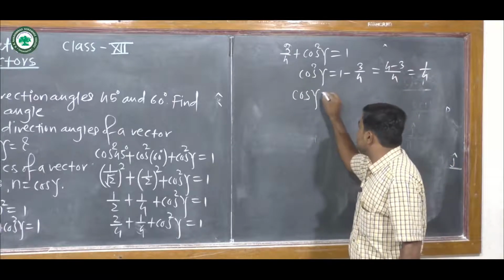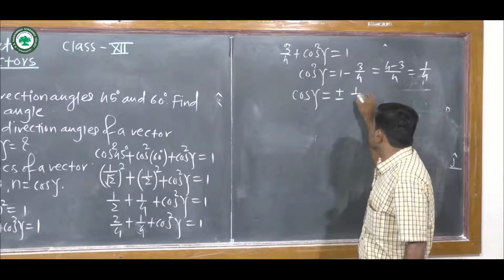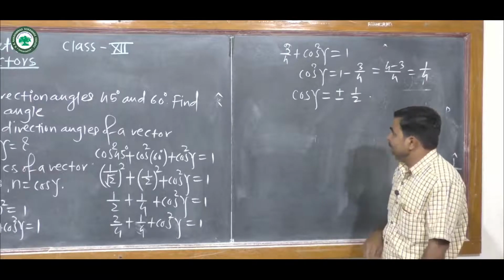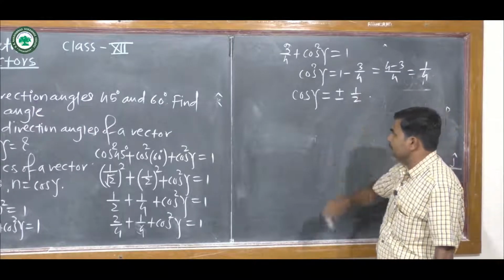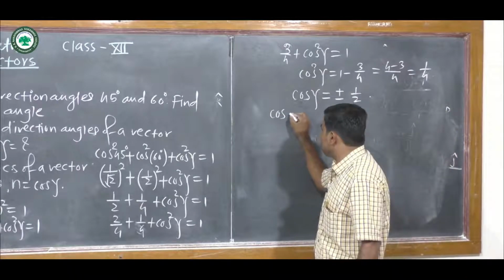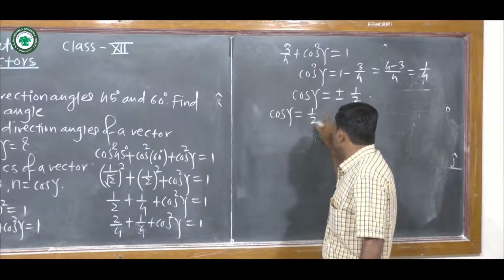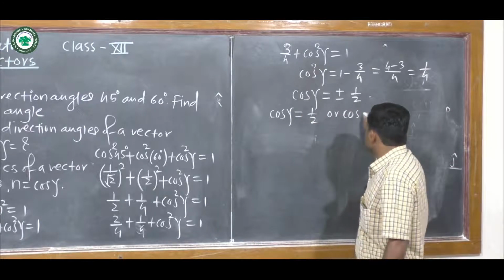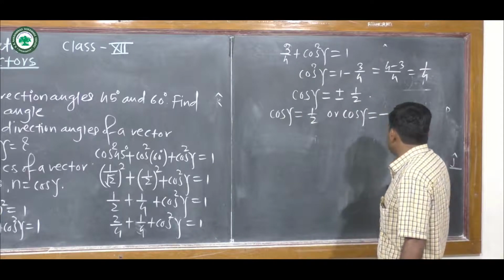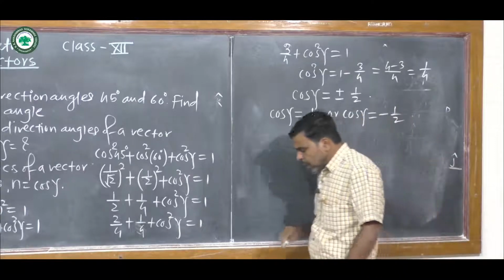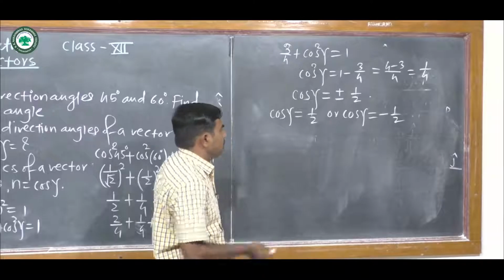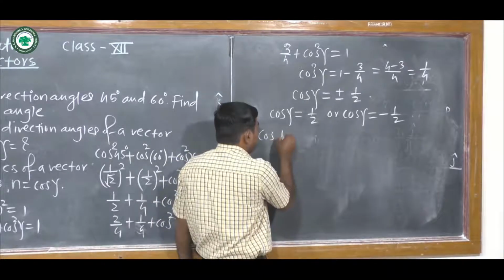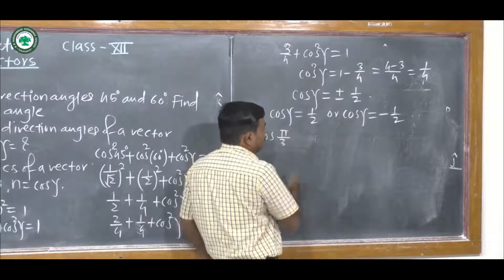So cos gamma is equal to plus or minus 1 by 2. It means we have two values of cos gamma, plus 1 by 2 and minus 1 by 2. First, cos gamma is equal to 1 by 2, or cos gamma is equal to minus 1 by 2. We know that cos of 60 degree is 1 by 2, which means cos of pi by 3 is equal to 1 by 2.